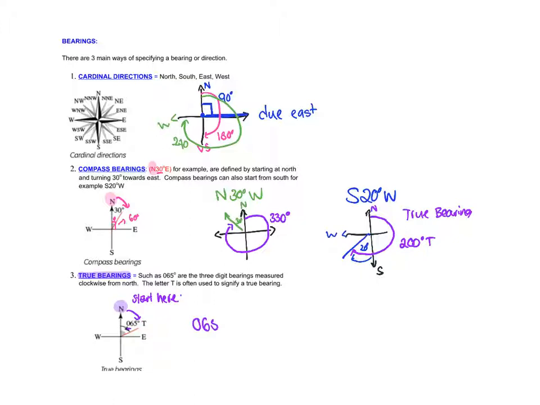So true bearings always have 3 digits. If I had a line out here and that was 20 in there, the true bearing will be 020 degrees true. So it has to be a 3-digit number.